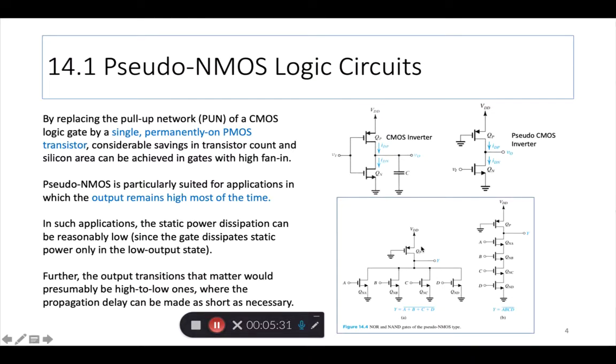But what you'll notice is the entire pull-up network has been replaced with just one Q_P, which is a PMOS transistor with the grounded gate, right?